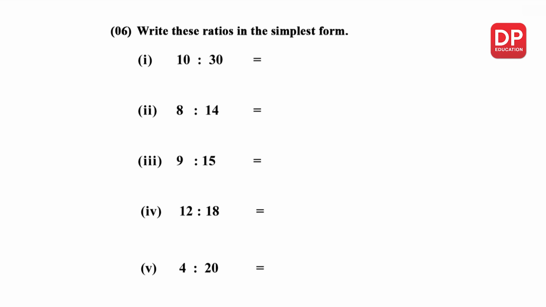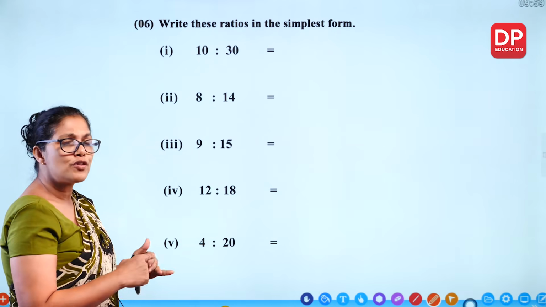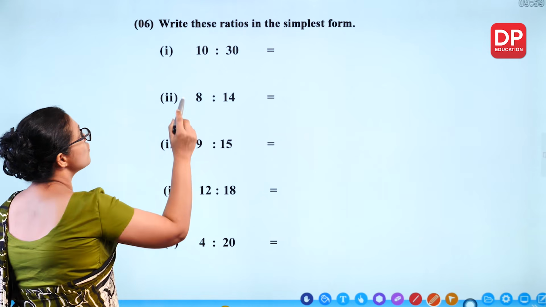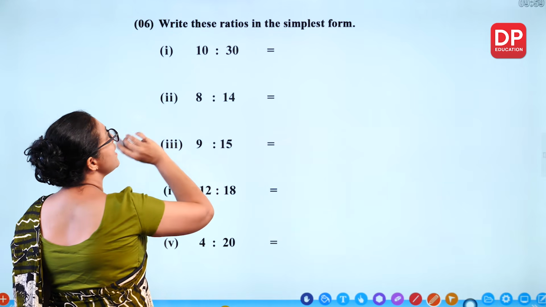Write these ratios in the simplest form. So what can we do? If you are dividing by 10 on one side, you have to do the same thing for the other side when you want to simplify. So 10 to 30, I can divide both by 10.